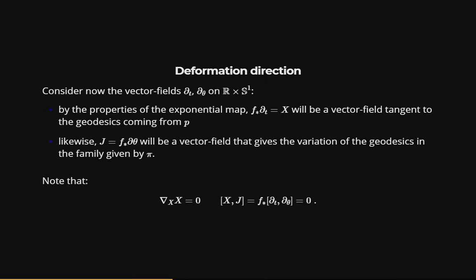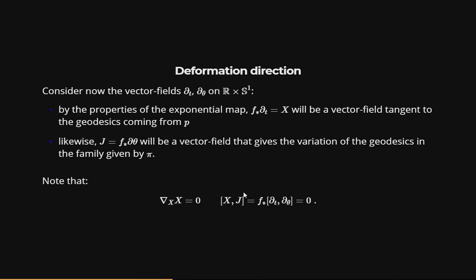Now, we have two properties which are important. The first is the geodesic equation, because the push forward of d_t is not just a vector field tangent to the geodesic, it is the velocity of the geodesic. So this is nabla_gamma-dot gamma-dot equals 0. And the second is just the fact that t and theta are parameters of a flat parameterization, parameters in R times S^1.